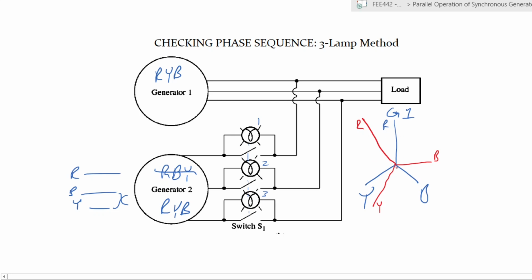So if you were to superimpose the phasors of each of those, assuming 120 degrees all across, the direction of rotation, the phase angle of generator 2 may be slightly faster or slightly slower than the existing generator 1 phase angle.